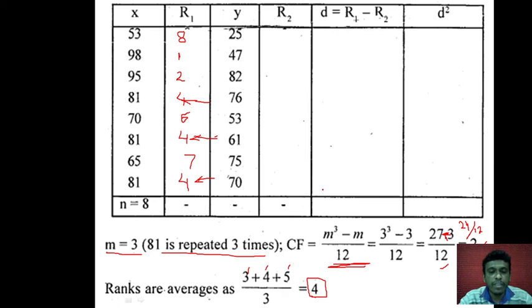So 3 plus 4 plus 5, those all things we have to add. How many numbers are there in the numerator? Divided by that many numbers, divided by 3. We have 3 numbers are there, so divided by 3. If 4 numbers were there in the numerator, that is if 4 ties were there, then divided by 4. I hope you have understood this.